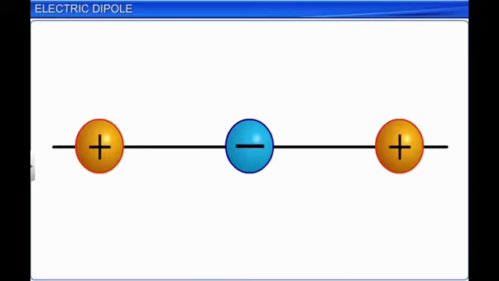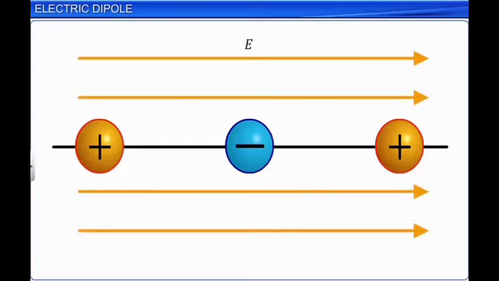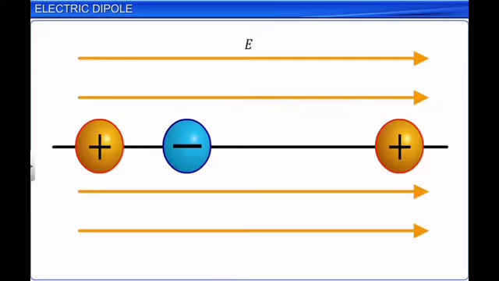However, when a non-polar molecule is placed in an external uniform electric field, the electron orbits get distorted due to the force exerted by the external electric field. This results in the separation of the centers of positive and negative charges. The negative charges move in the opposite direction of the electric field, whereas the positive charges move in the direction of the electric field.